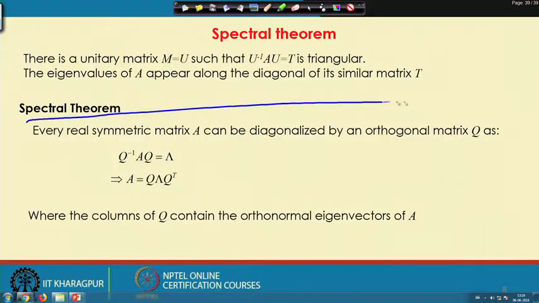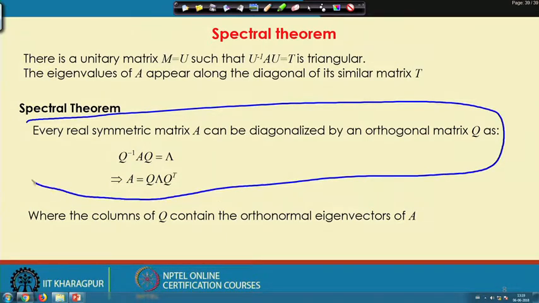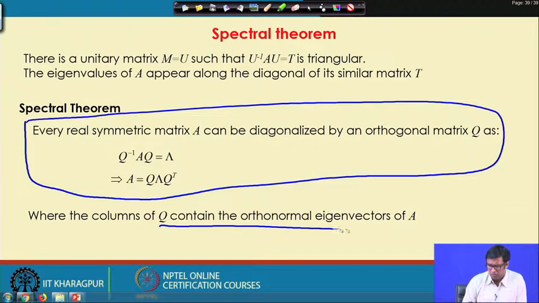So we can get an orthonormal eigenvector matrix for A. This is one very important theorem in linear algebra: a real symmetric matrix can be diagonalized using the eigenvector matrix as Q inverse AQ is equal to lambda, or A is equal to Q lambda Q transpose.